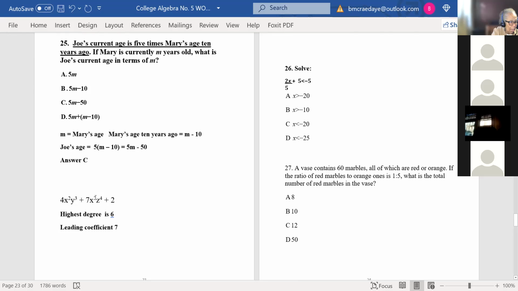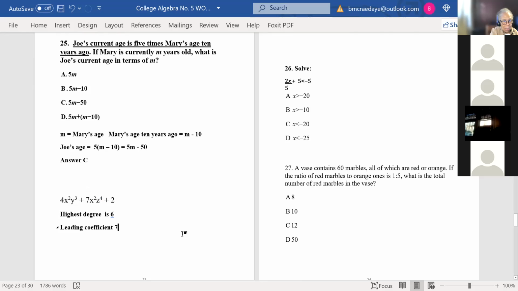Yeah, you add up the powers, and the term that has the highest number, when you add up all the powers, the exponents, that's the highest degree. 4 plus 2, 6. This one is not because it's less than 6, 3 plus 2. The leading coefficient is the coefficient in front of the term with the highest degree, and that's the 7.